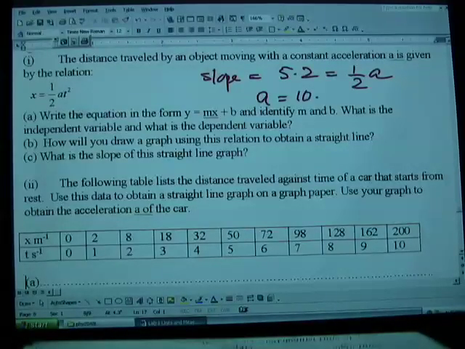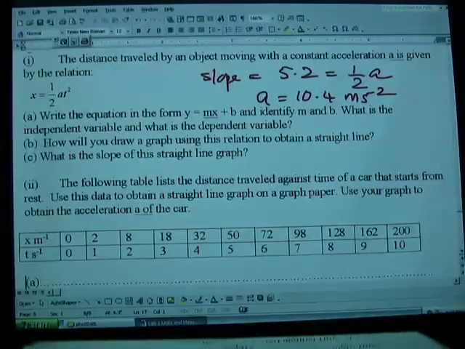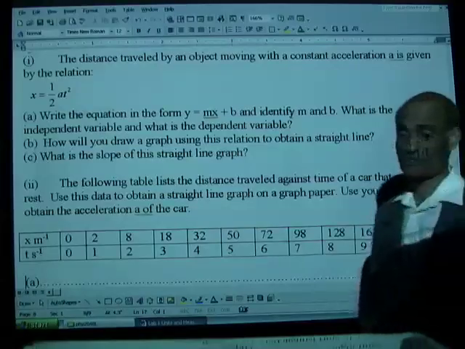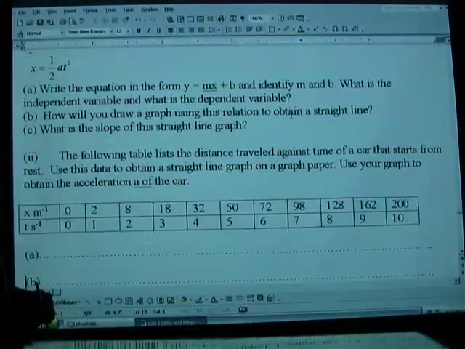A equal to 10.4 meter per second squared. So we use the slope to obtain the value of a, the acceleration. Okay. Now we will be practicing this many times as we go on with our lab.